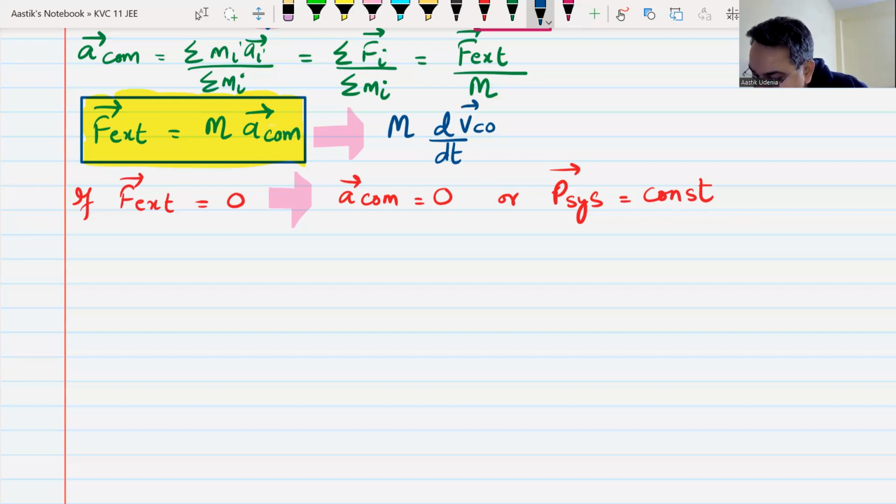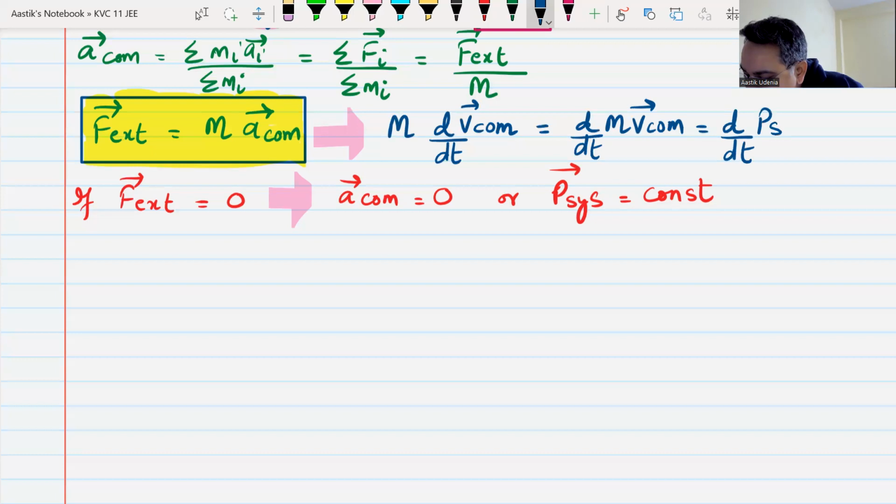Yes or no? Right? So basically, do we understand how I have written this? Then I can write it as d by dt of m into v COM because m is constant. So that becomes d by dt of the momentum of the system.